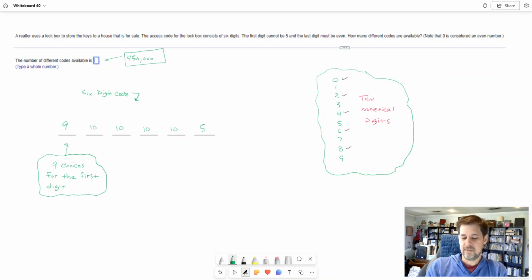So if somebody was going to go up to the door to break in and just try to randomly guess codes, they'd have like a 1 out of 450,000 chance on any one guess of getting it right. Okay, can you imagine guessing that?